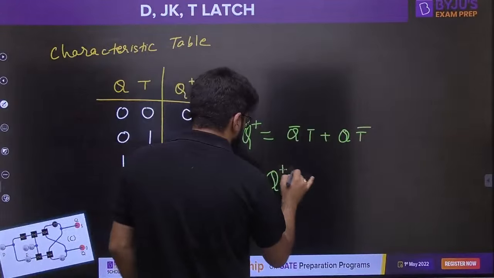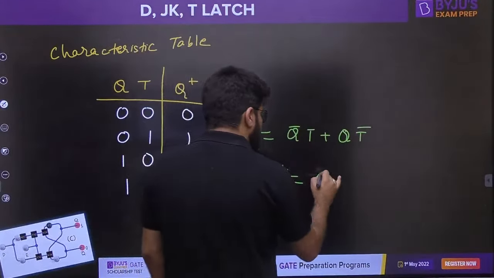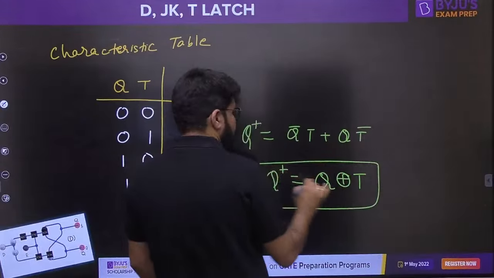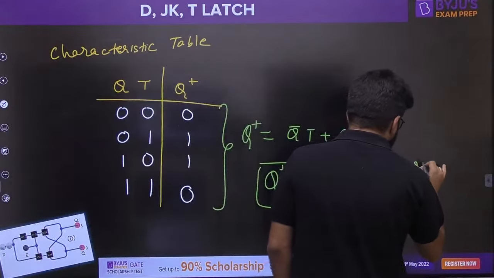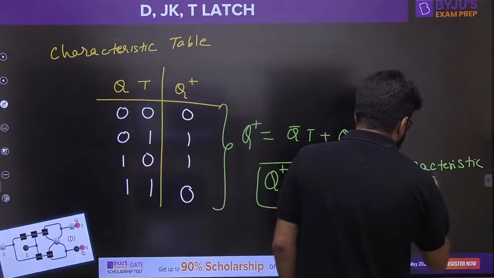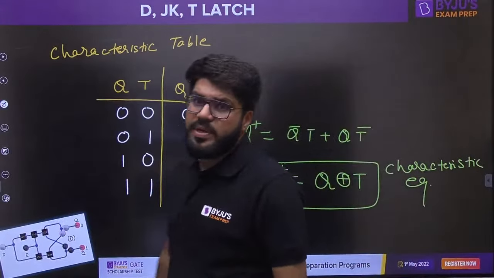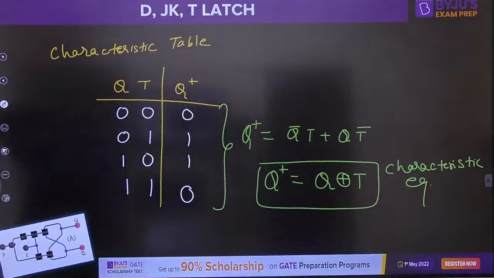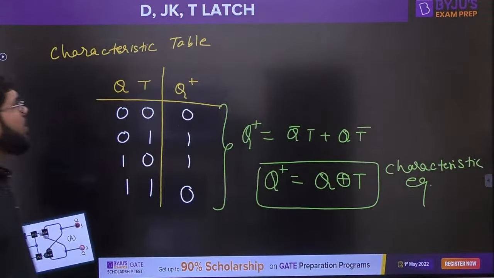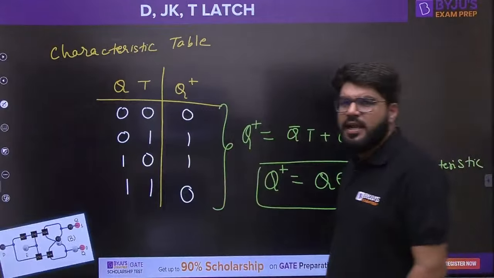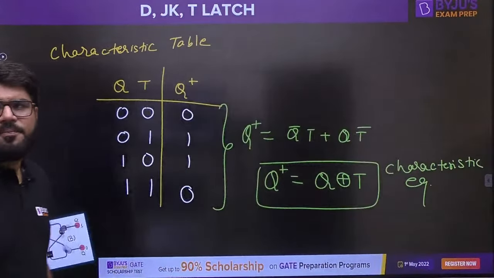Or in short, Q plus is equal to Q XOR T, and this is the final characteristic equation, next state equation, transition equation of the T latch, guys.